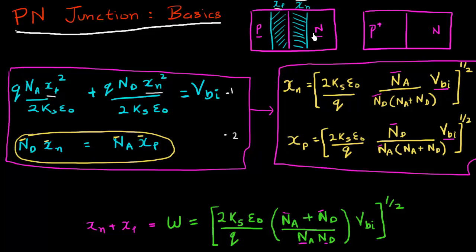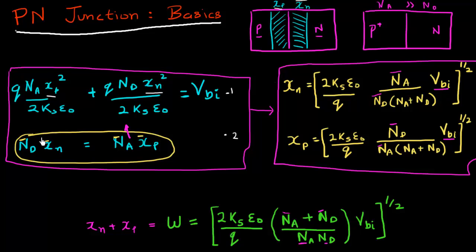So what I see here is that ND, which is related to the doping of the N region, is much smaller as compared to NA. So NA is much larger as compared to ND.